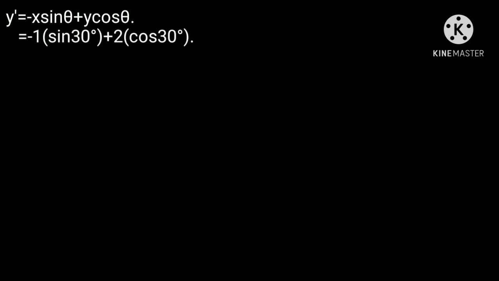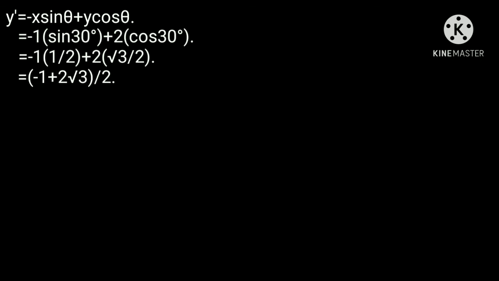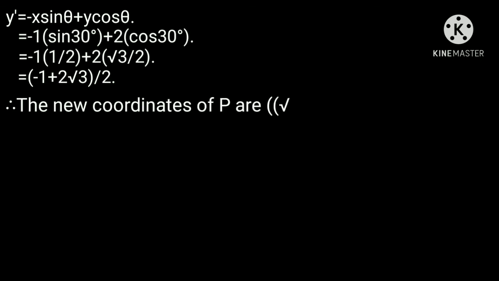Then we have equal to minus 1 into 1 by 2 plus 2 into root 3 by 2. Here take 2 as LCM, then the above expression becomes (minus 1 plus 2 root 3) by 2. Therefore, the new coordinates of P are ((root 3 plus 2) by 2, (minus 1 plus 2 root 3) by 2). This is our problem solution.